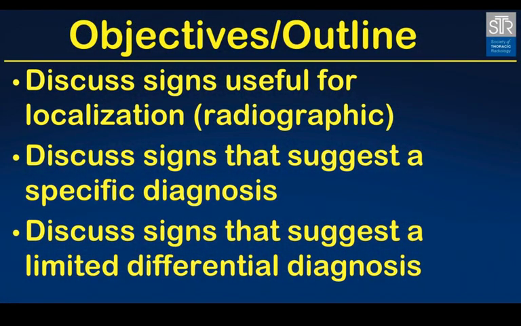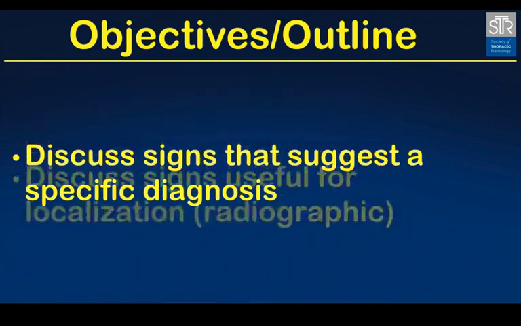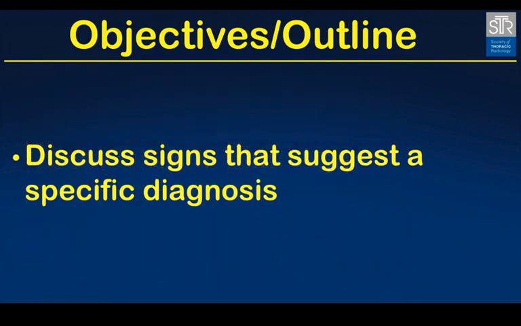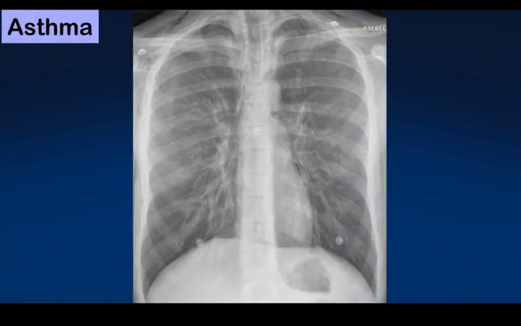All right, let's now turn our attention to signs that suggest a specific radiographic or CT diagnosis. First patient presented with asthma and chest pain, and we can identify streaky gas lucencies along the upper mediastinal border, extending into the neck, the supraclavicular fossae, and either into the extrapleural location overlying the apices or resulting in a small pneumothorax.